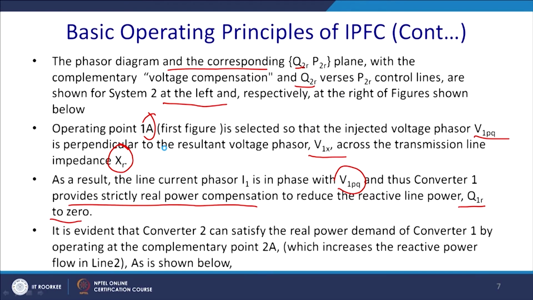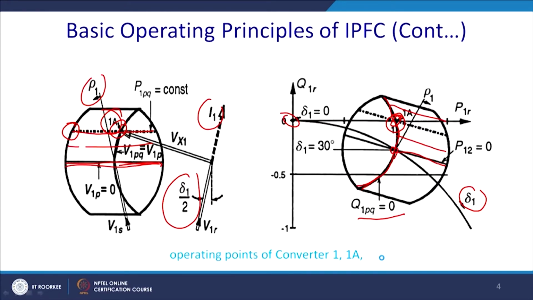It is evident that converter 2 can satisfy the real power demand of converter 1 by operating at the complementary point of 2A, which increases the reactive power of line 2 as shown in the case of A. So, this is basically A1 and this is basically A2. Ultimately, the reactive power of the second line will get increased to compensate this line.